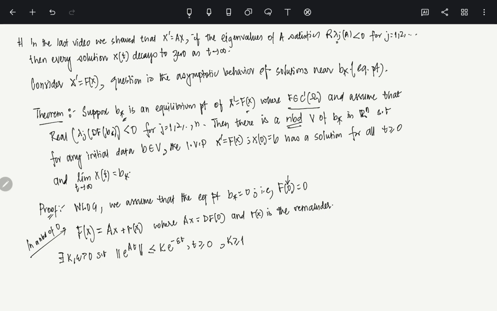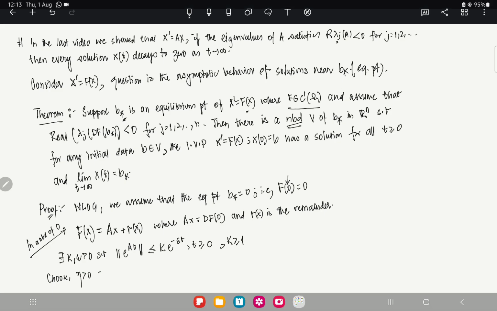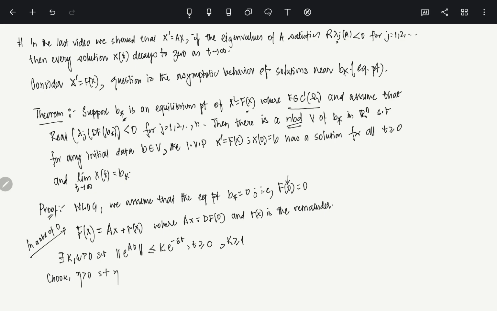Now I am going to do a little technical jargon. We choose eta positive such that eta is less than epsilon by k. I hope you understand the idea of the proof; it is very easy. We want some property of a nonlinear system near an equilibrium point.